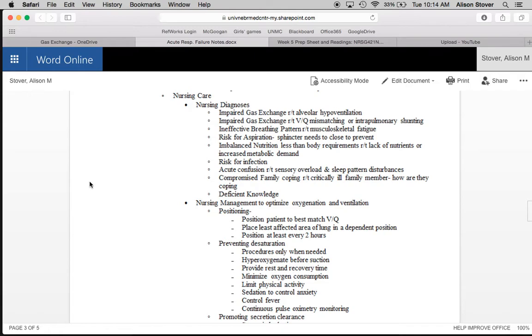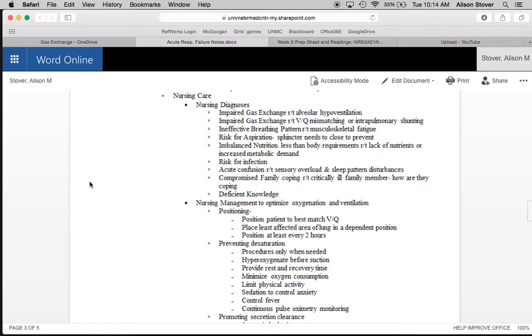Nursing diagnoses. Now, Colleen loves nursing diagnoses, so you can definitely bet that there will be nursing diagnoses on the exam, and the questions won't be framed like which is most appropriate, or maybe it could. I don't know. If I were writing the exam, I think I would focus on priority nursing diagnosis.